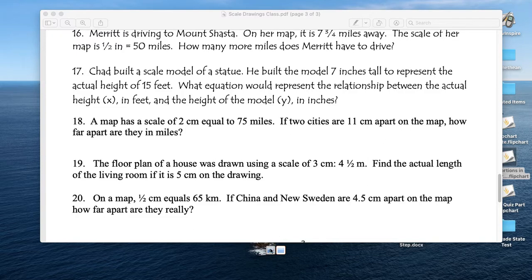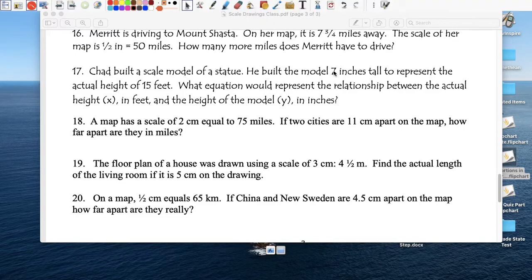Okay, so 7 inches. Right off the bat, I look for the scale. It says 7 inches is 15 feet. So I can start writing my proportions. What equation represents the relationship between the actual height x in feet and the height of the model y? So 15 feet represents the actual height.